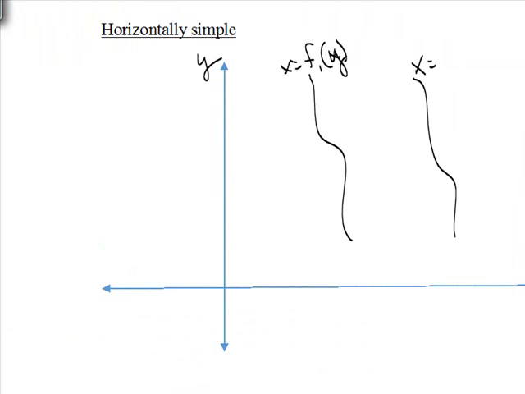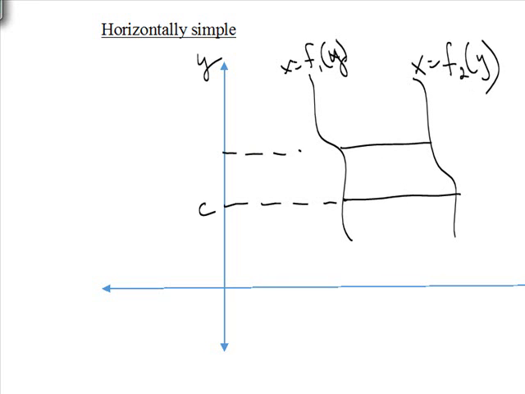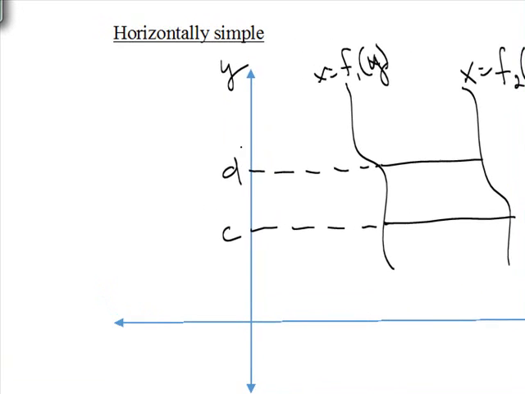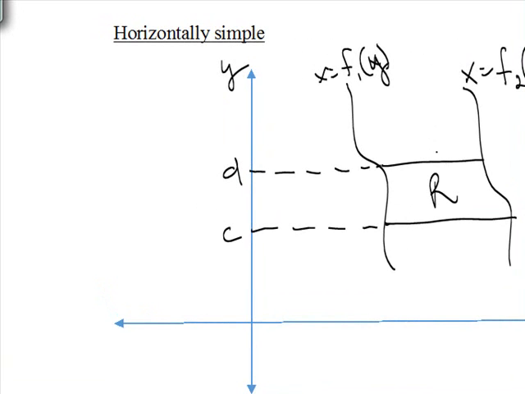Call this one x equals f2 of y. And then it's bounded by two lines. This is c, and this is d, and this is your region R.